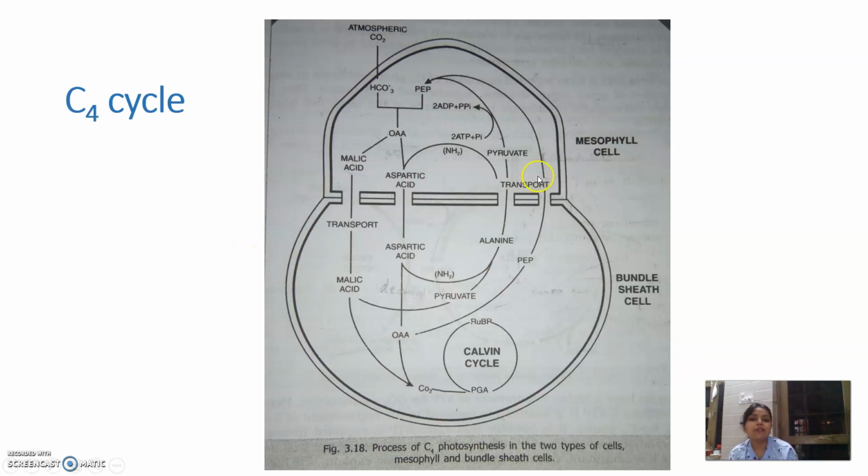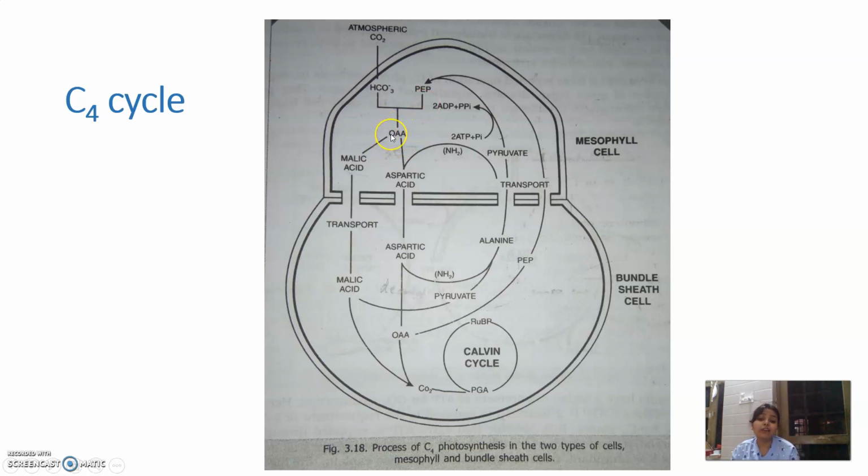As I've already told you, the carbon dioxide is accepted by this mesophyll cell, and here it gets converted into bicarbonate ion, which is accepted by the phosphoenol pyruvate, that's the acceptor of the carbon dioxide, and is converted into the oxaloacetic acid.